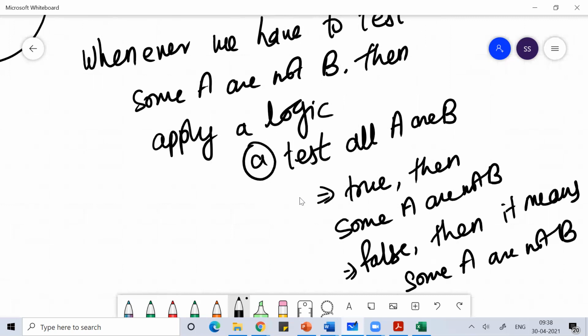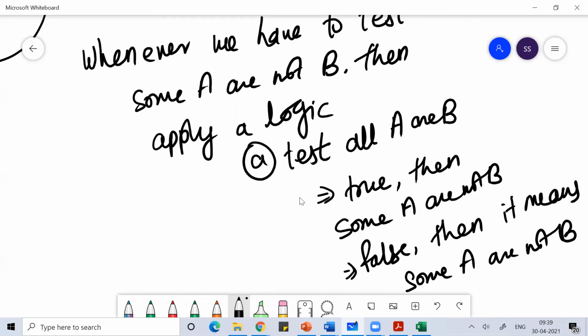To come up with a conclusion on "some A are not B" is difficult, so in the exam, whenever the statement is written "some A are not B", we don't test it directly because that is difficult to tell. Instead, we test "all A are B". If all A are B is true, then "some A are not B" is definitely false. And if all A are B is false, then it means some A are not B.